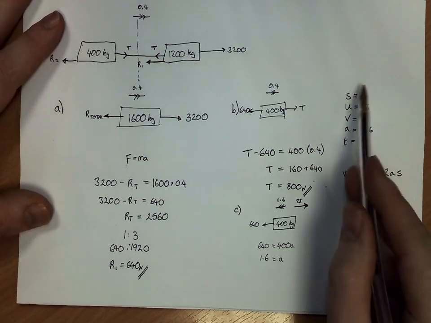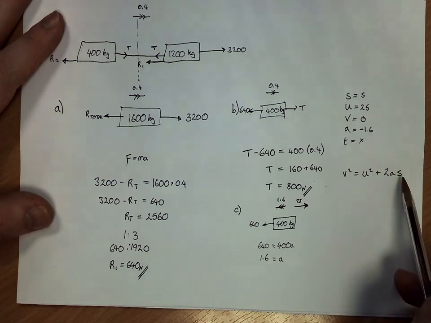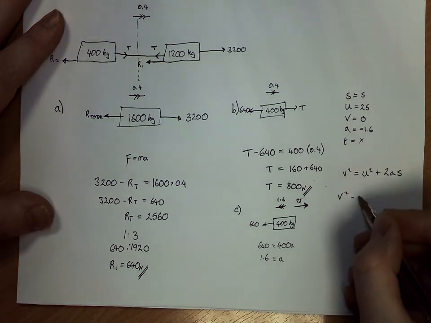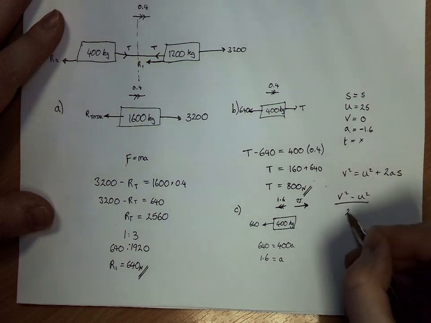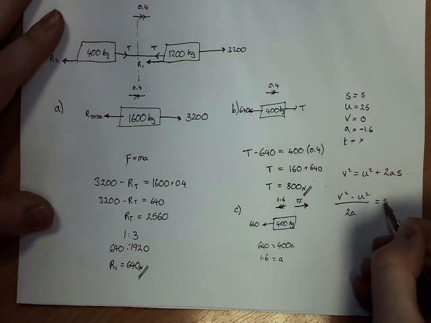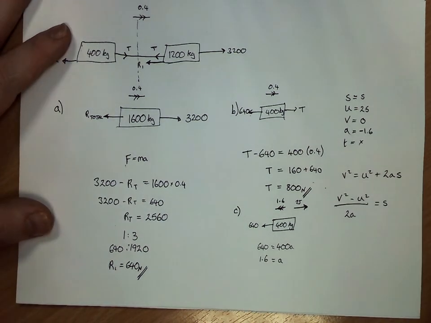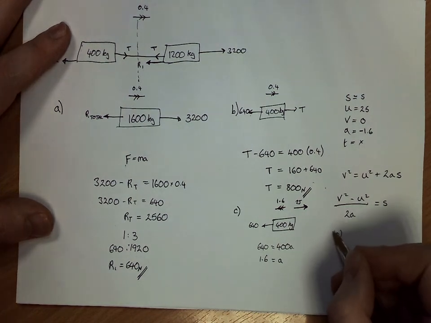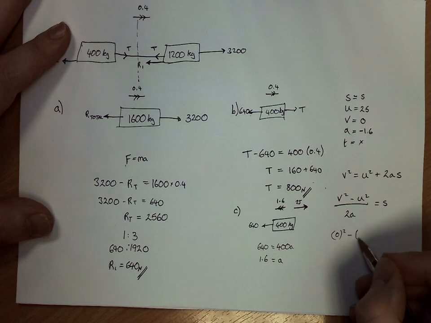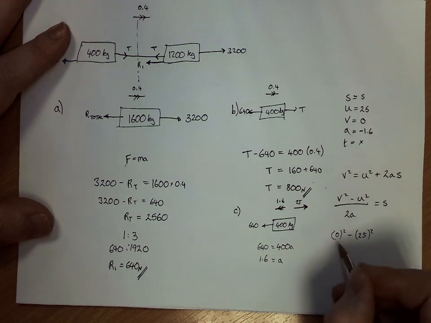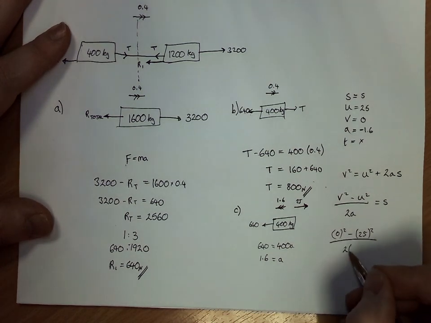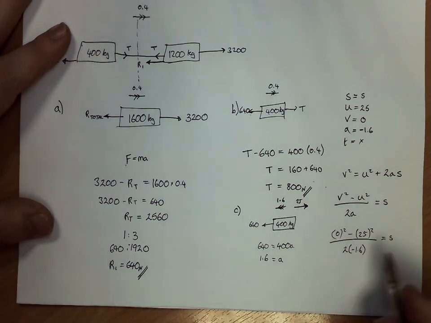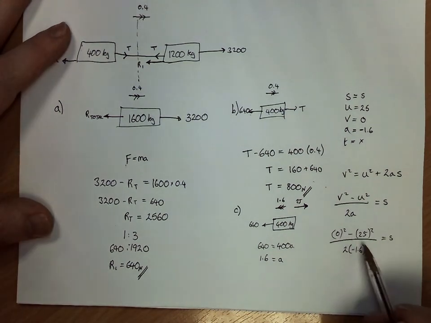Some people will substitute these values into here now. Some people will do it afterwards. I'm going to do it afterwards. So V squared minus U squared over 2A is equal to S. So we're just making the variable we're trying to find the subject. Now I can substitute into this. So 0 squared minus 25 squared over 2 lots of minus 1.6 equals S. And now we can see the top will be negative, the bottom will be negative.